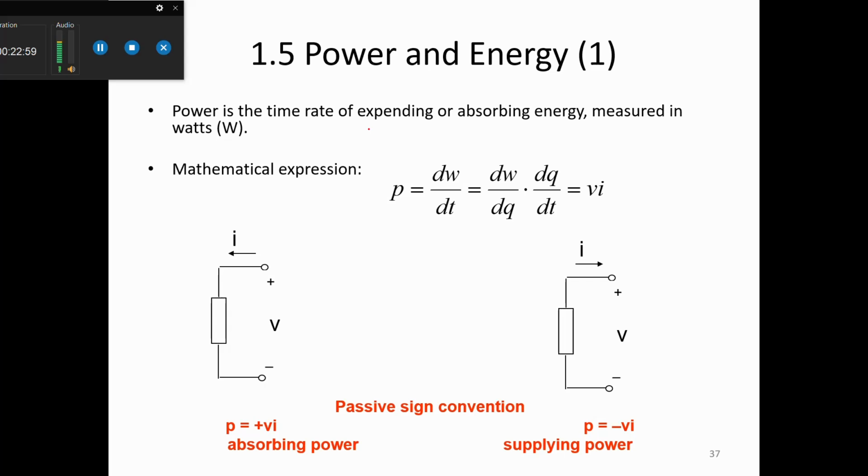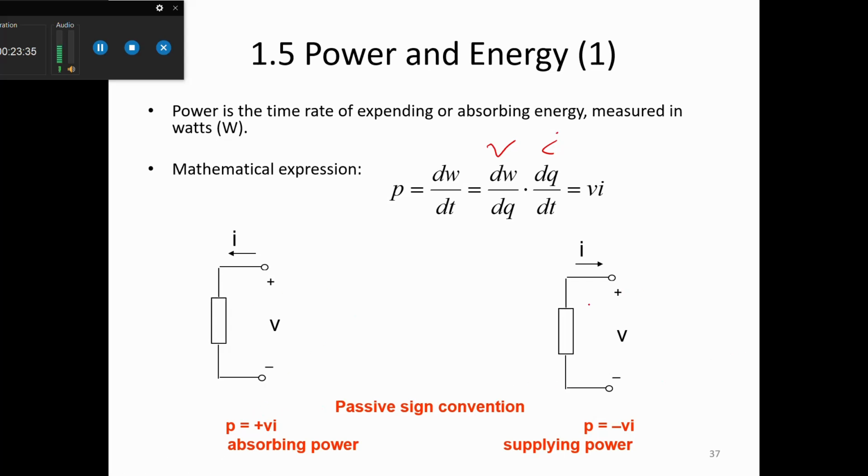Power is the time rate of expending or absorbing energy, measured in watts, and if we have dW by dt, we can break it into dW by dq and dq by dt. dq by dt represents I, and dW by dq represents V. If the current is flowing from the positive side to the negative side, we say that power is being absorbed, and we use the positive sign.